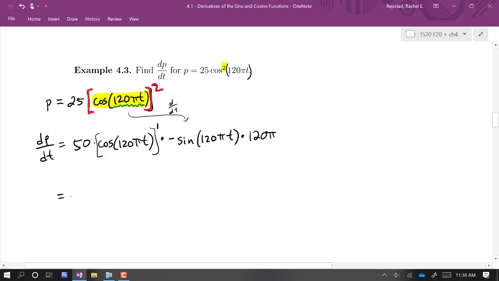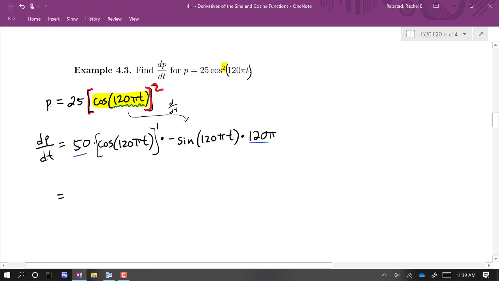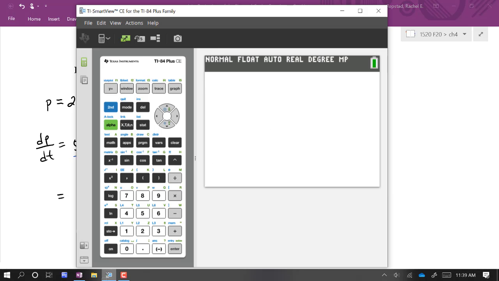We need to simplify. So I'm going to figure out 50 times 120 is 6,000.